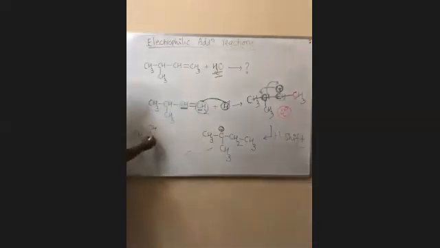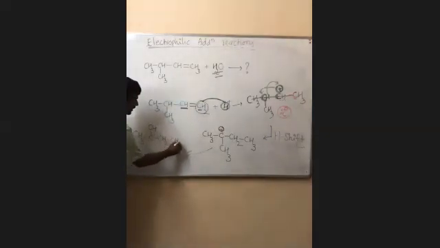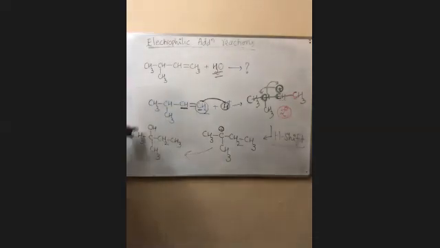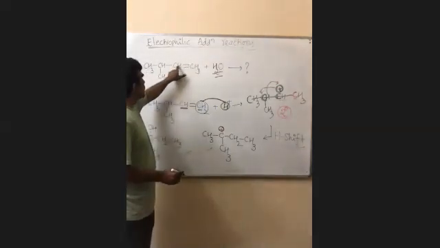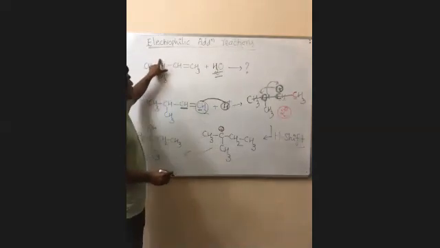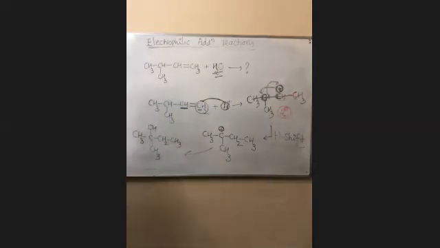That OH will come and bind here. You get CH2 here, CH3 here. This is the ultimate product. Even though hydrogen is adding to this one, here you will get the OH because of the stable carbocation. Is it clear to you, everyone?